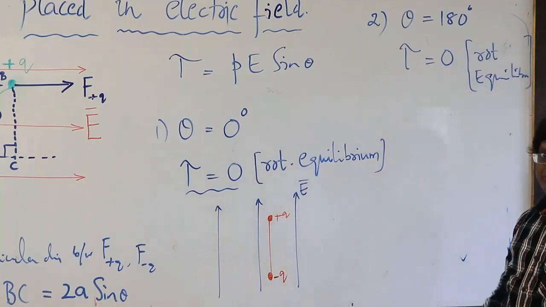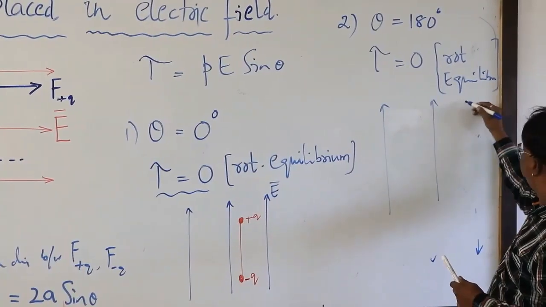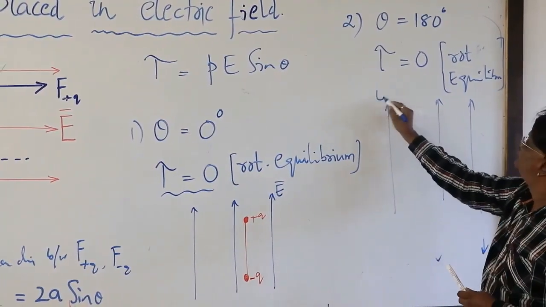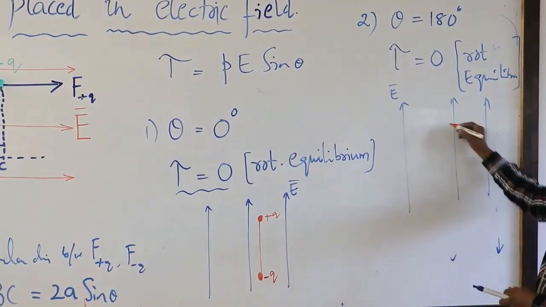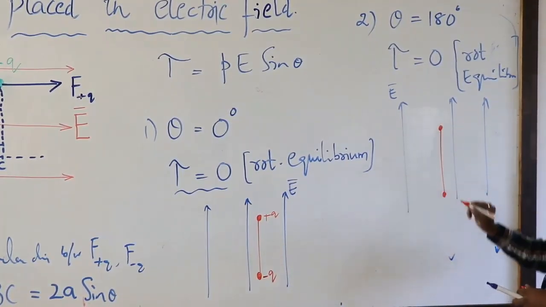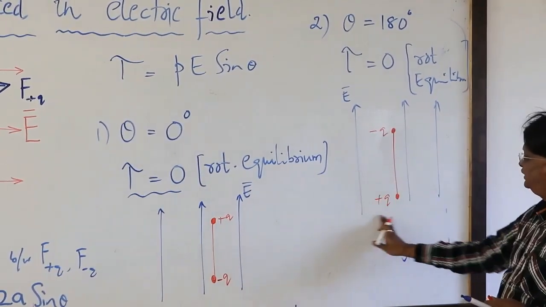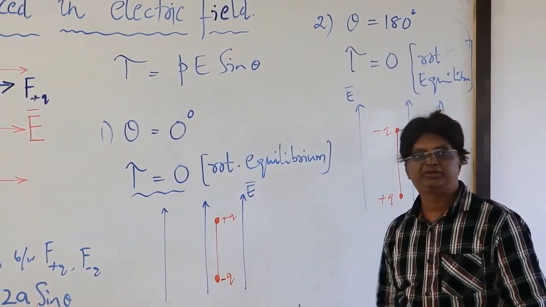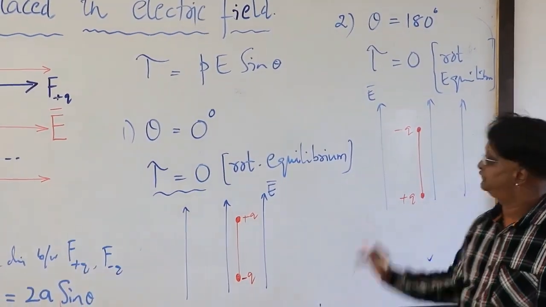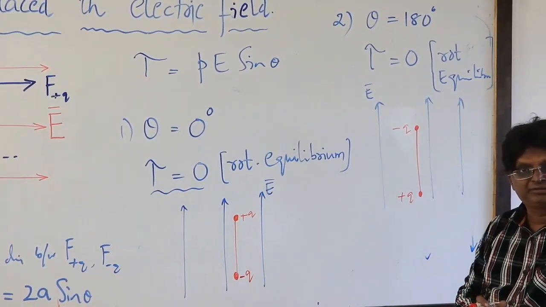Now this time, this is the field E bar vector, and the placement of the dipole is like this. This is minus Q and this is plus Q. This is the representation of theta equal to 180 degrees. So both 0 degrees and 180 degrees are equilibrium conditions.